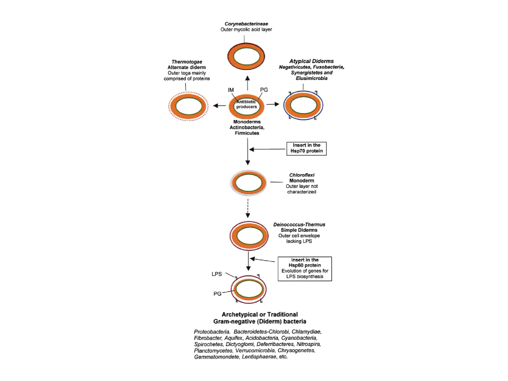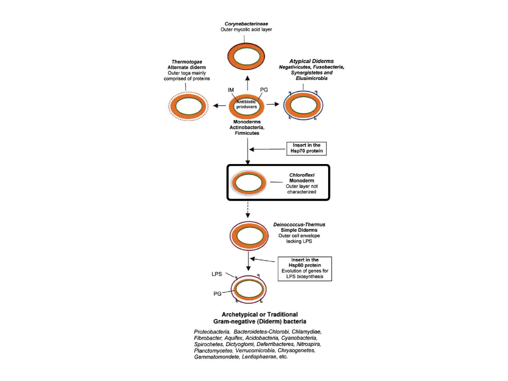So if you look at cell wall and cell membrane structure, you find the monoderms up here. Thermotoga is an oddball, and then you have some atypical diderms over here, negativicutes and others, Fusobacterium. And then Corynebacterium up here has a mycolic acid layer in its cell wall.